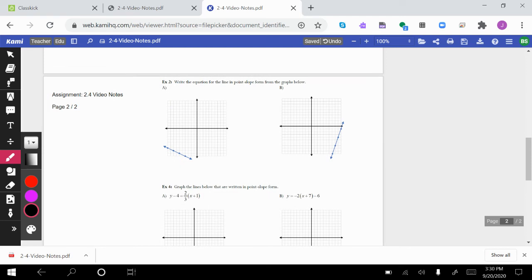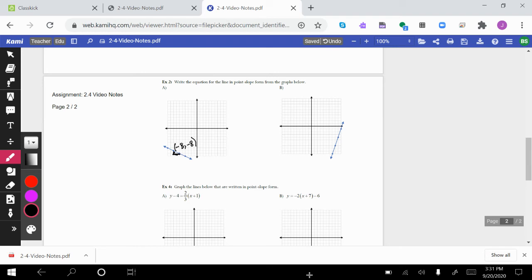So next thing we're going to do is we're given a graph with points, right? And we are going to have to use that information to write our equation in point slope form, okay? So you can use any point that we have plotted on this line. I'm just going to use the one right here, which is -8, -8. And to find our slope, we can go down 1 and over 2.